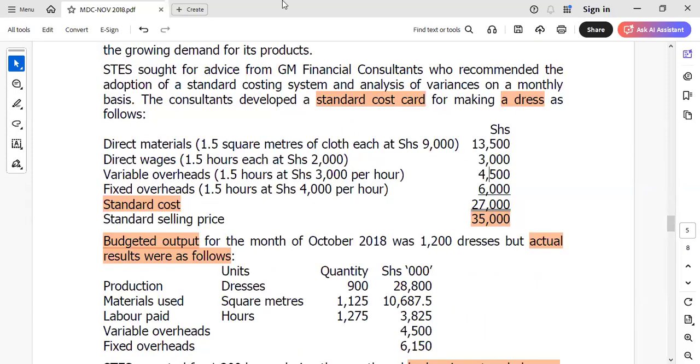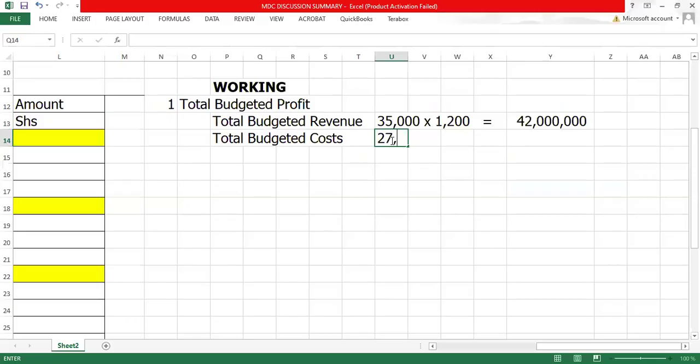Is that clear? So I get this 27,000, then times the output, the number of dresses, because this 27,000 is the cost per dress.